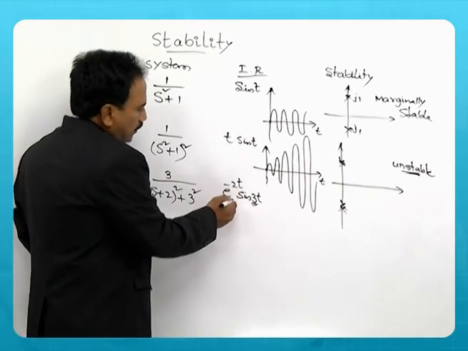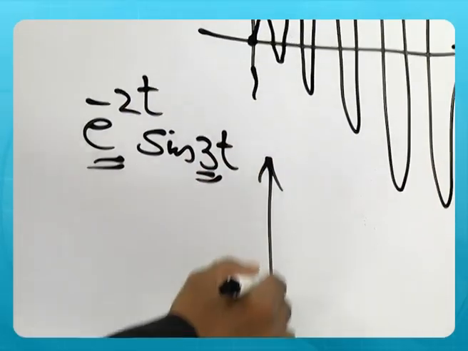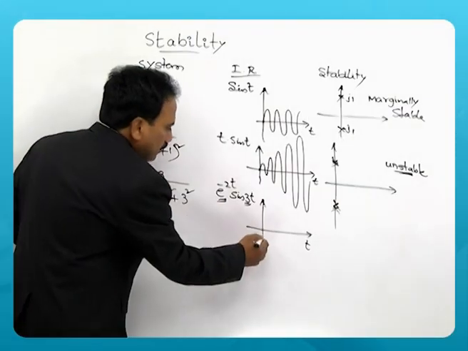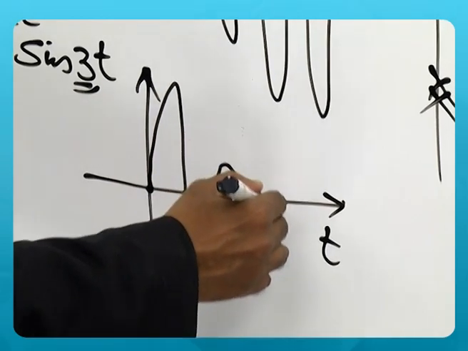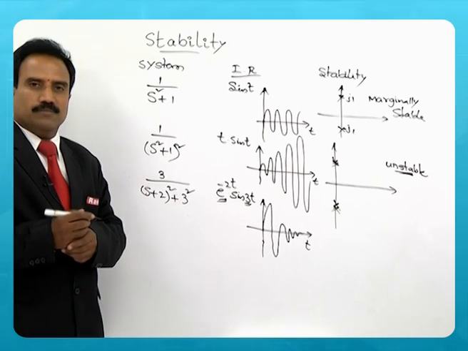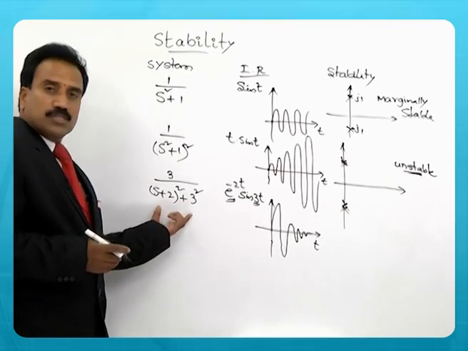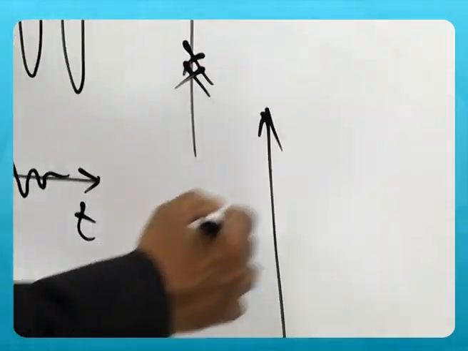But you have this exponential term decaying. So if you see the response as a function of time, you have oscillations, no doubt, but they are exponentially decaying oscillations.